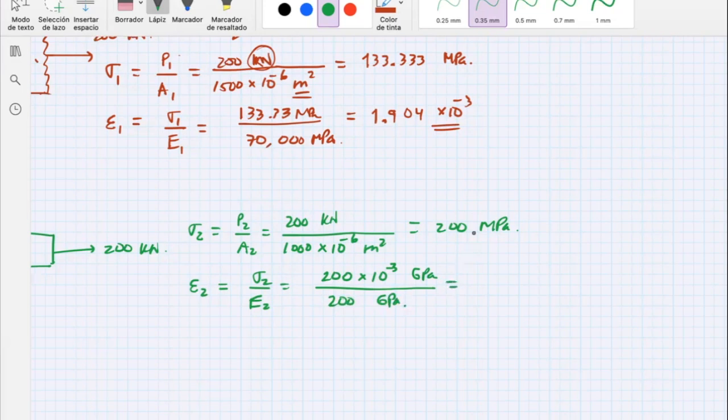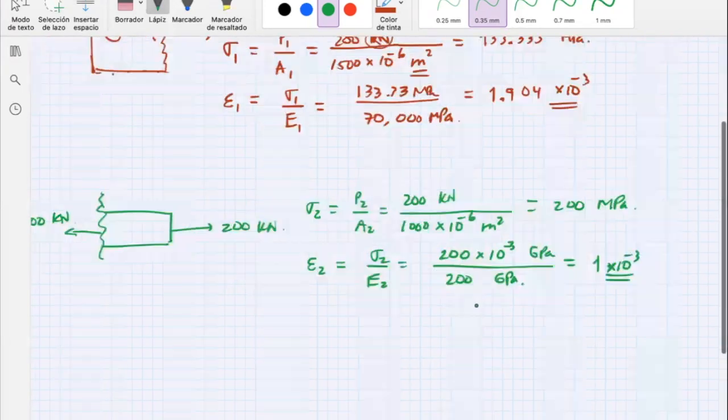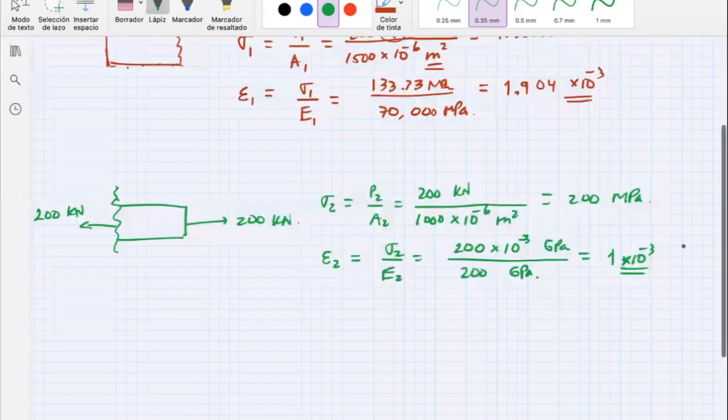In this case, what I have here is 1.1 times 10 to the minus 3. That's the strain there.